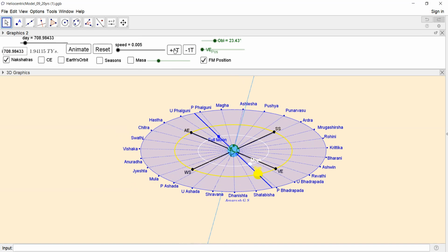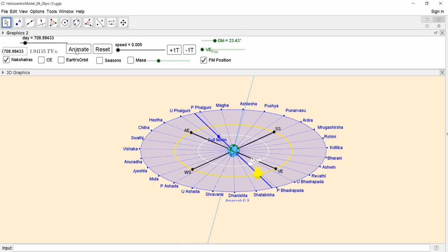Why did I need to make that additional correction? Because remember, all these numbers are approximate. When I say 354 days, it's actually 354 days and some fraction. This is the end of year 2 of the lunar calendar.